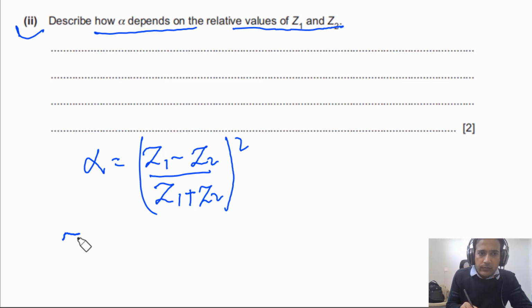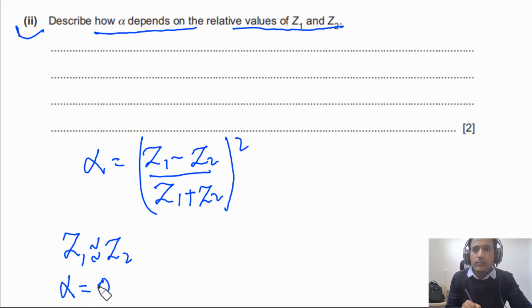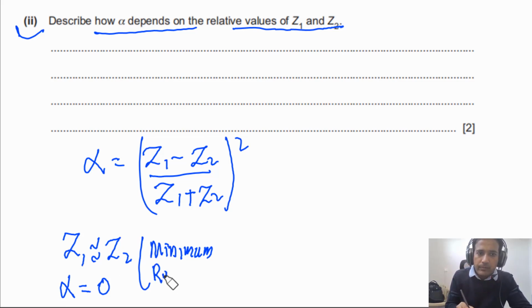So if Z1 is about equal to Z2, what will be the value of alpha? Alpha will be equal to 0. It means minimum reflection, most of the waves will be transmitted. So we will say minimum reflection.